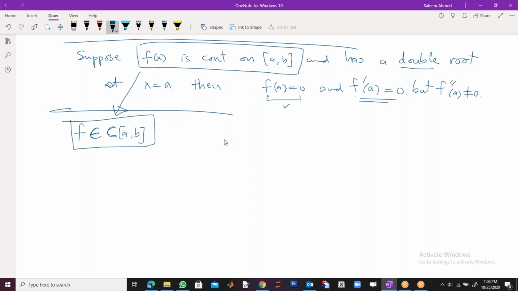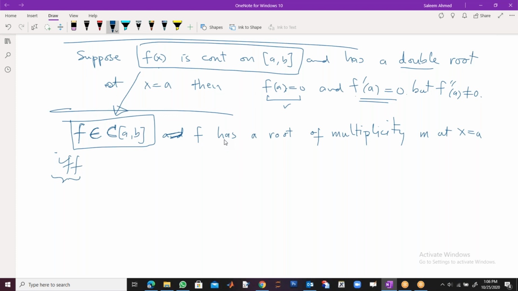So this is a member of, F belongs to, F is a member of continuous functions which are continuous on [a, b]. If F is this and F has a root of multiplicity m at x = a if and only if, double F means if and only if, right?